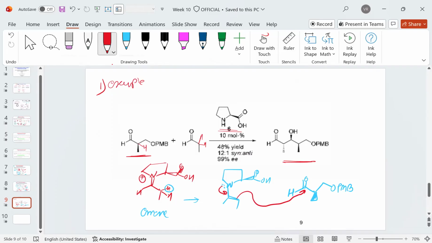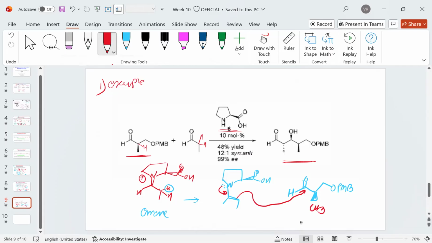In this step, because this methyl group is present on the top side, the attack from the top side is somewhat sterically hindered, and therefore we get some enantioselectivity in this step.